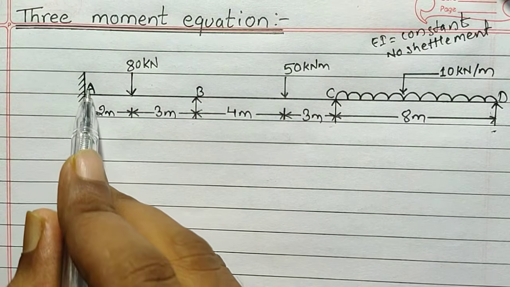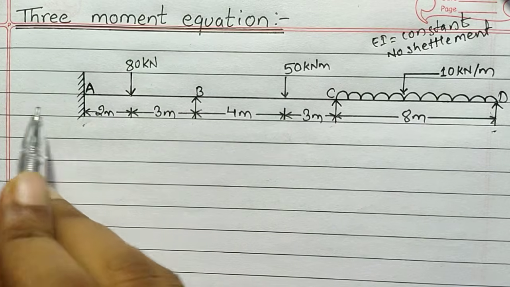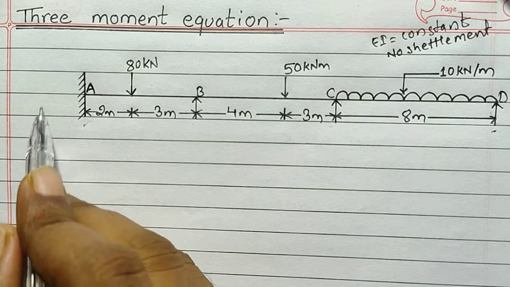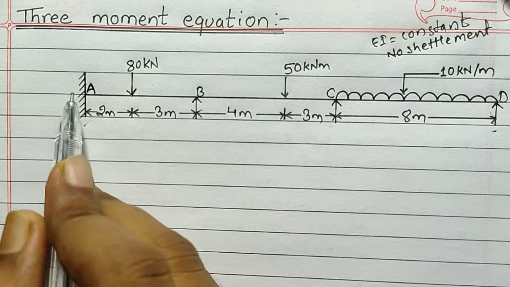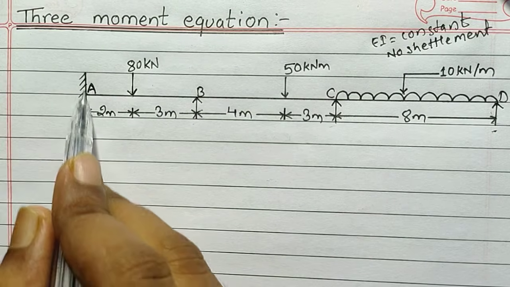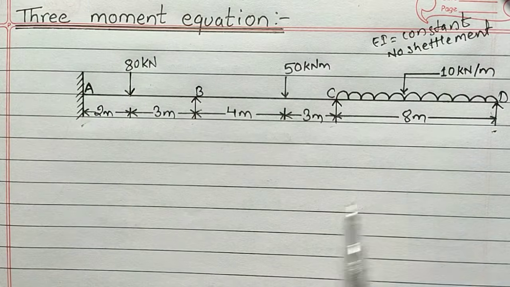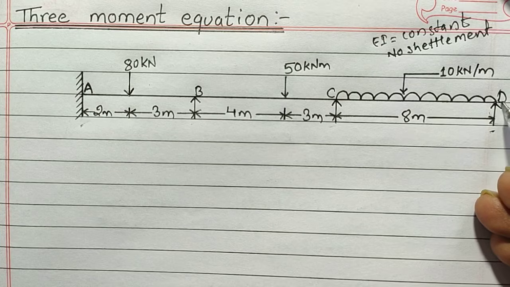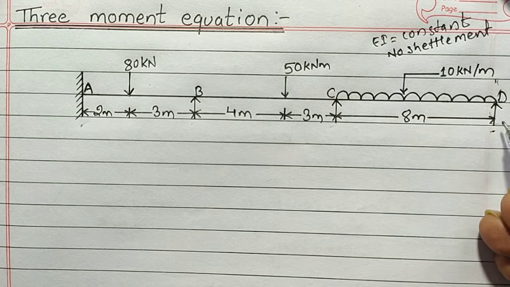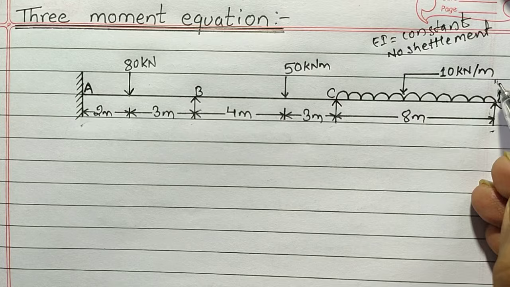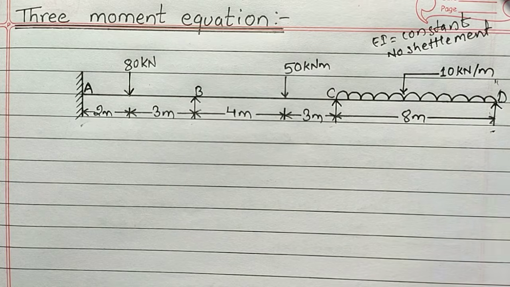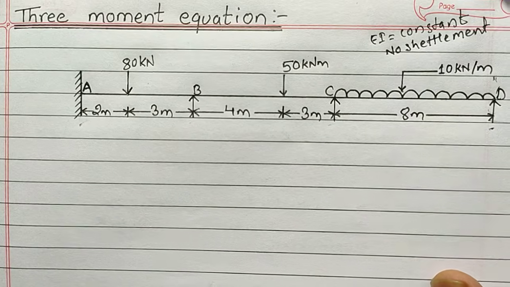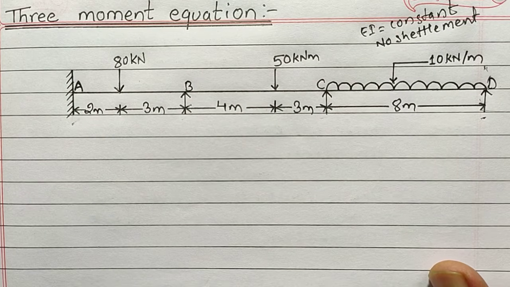As we are provided with the fixed support at end A, we need to consider a 0 span A dash of length L naught from A, which will be left of support A. If we were provided with a fixed support at D, we would take a 0 span right of D, that will be D dash, and span L naught. I hope you guys understood this step.